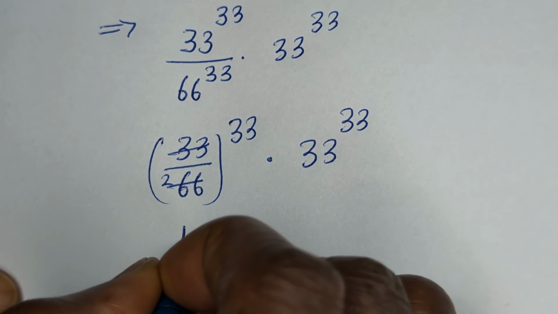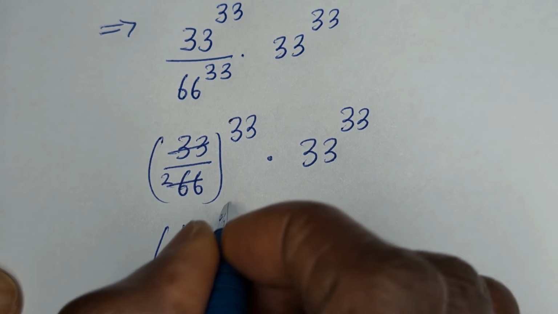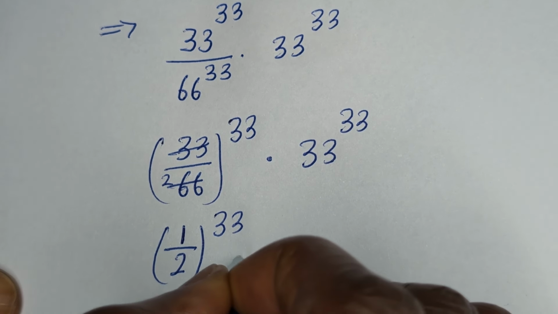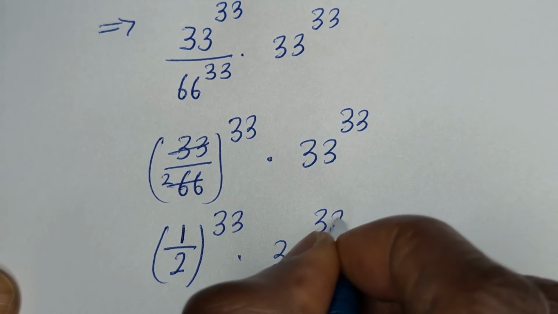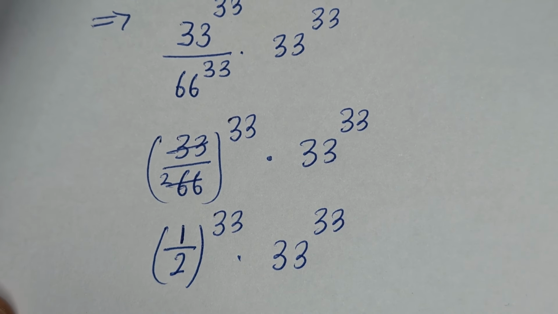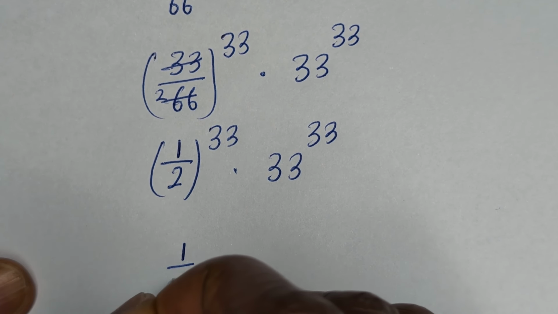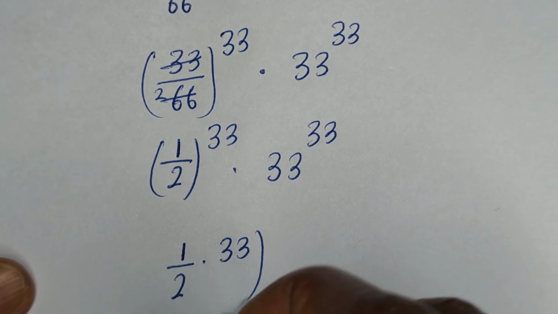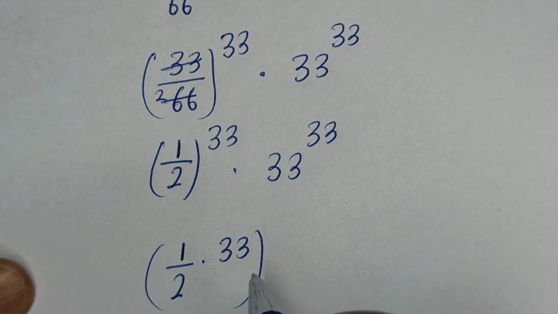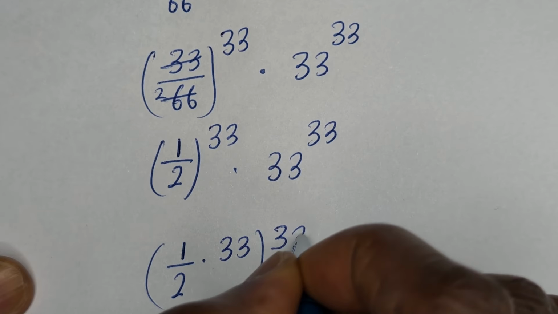We have 1 over 2 raised to power 33 multiplied by 33 raised to power 33. And this can be written as 1 over 2 multiplied by 33, all to the power of 33.